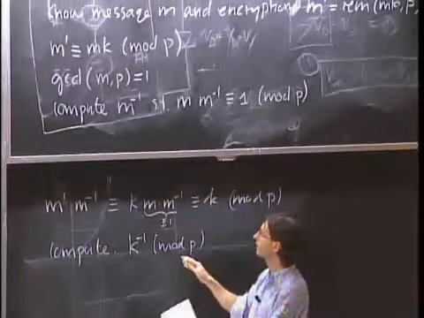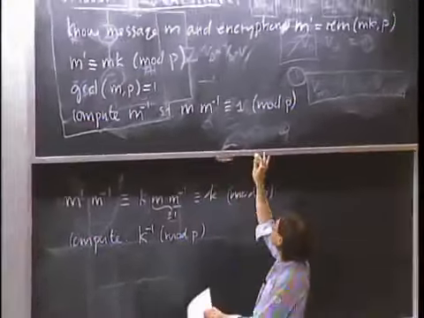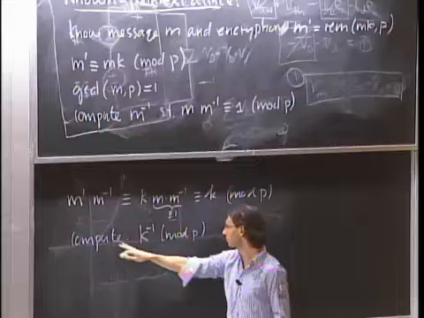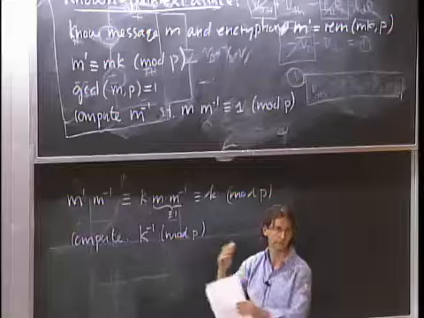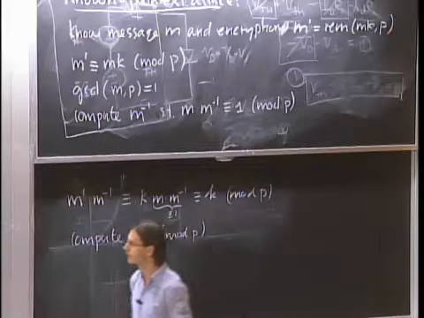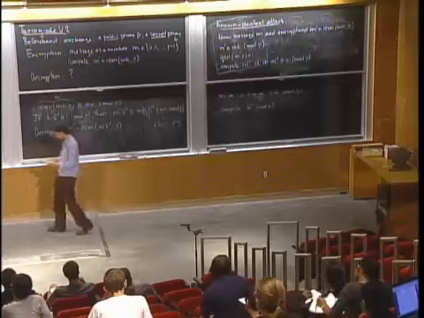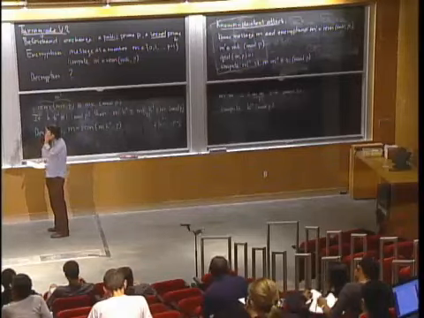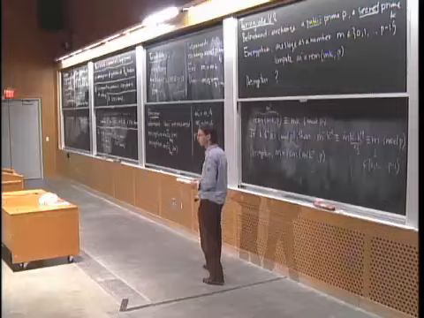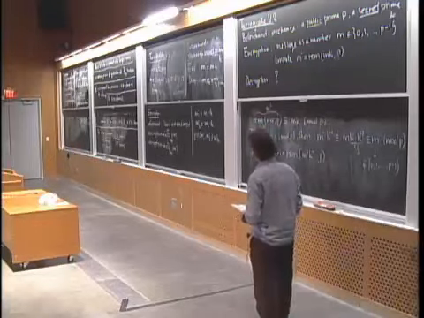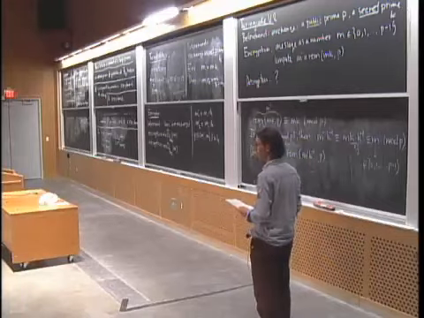Just by using one plain message and encryption pair, I have been able to compute the secret key and the whole scheme is broken. So security is kind of an interesting science. We can always think of more tricks to break schemes or other assumptions that we haven't thought about before.